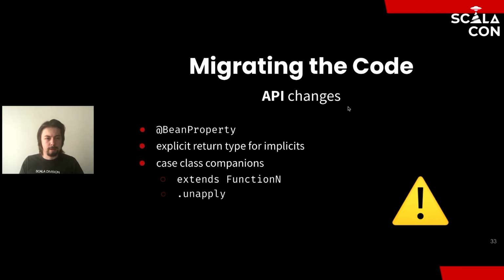And then finally, there's some changes to code that's automatically generated, for example, getters and setters with the bean property annotation. And also you must now put a return type for any implicits if you didn't have them before. And also case class companions are no longer extending function traits, and the unapply signature has changed, which we'll cover very shortly.